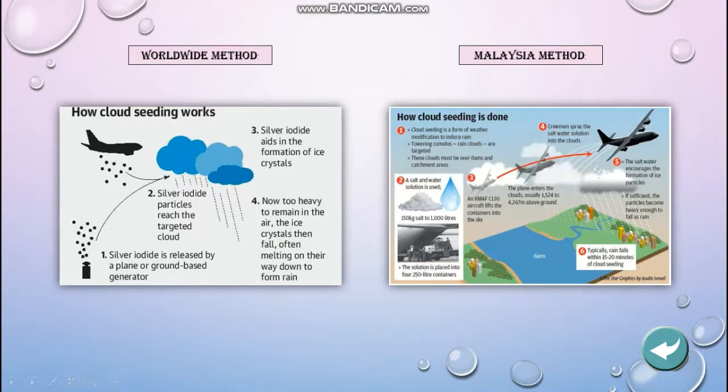Then the crewmen spray the salt water solution into the clouds. The salt water encourages the formation of ice particles. If sufficient, the particles become heavy enough to fall as rain. Typically, rain falls within 15 to 20 minutes of cloud seeding.